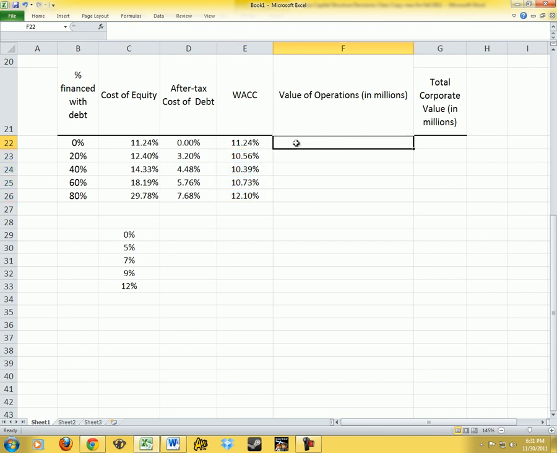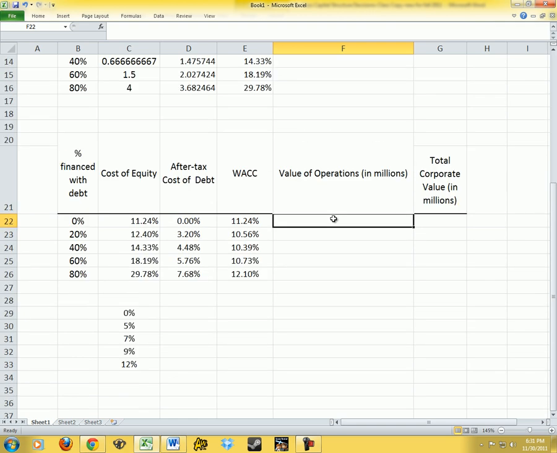So the value of operations in millions. Remember, that's going to be the next free cash flow divided by the weighted average cost of capital minus the growth rate. So their free cash flows, I'm going to do this in thousands of dollars. Excuse me, well, it says millions here, so we'll go with that. They had 1.3 million in free cash flows from the case, multiplied by 1 plus the growth rate.